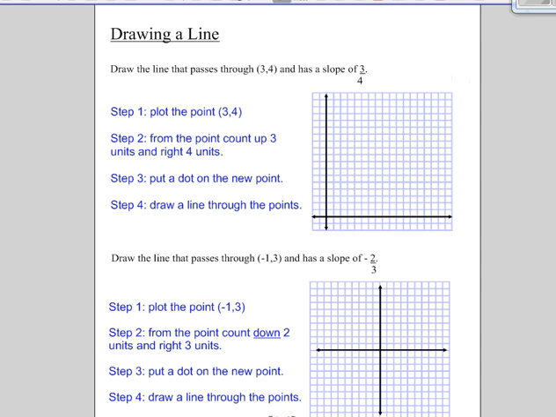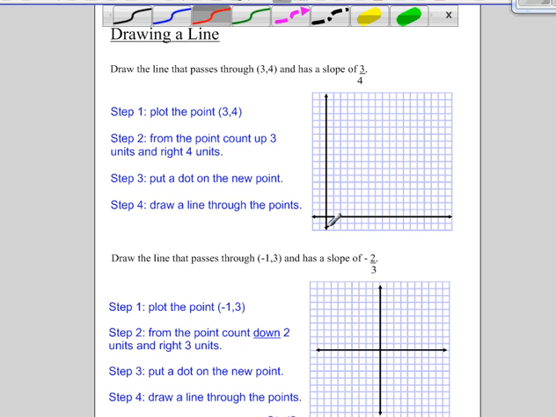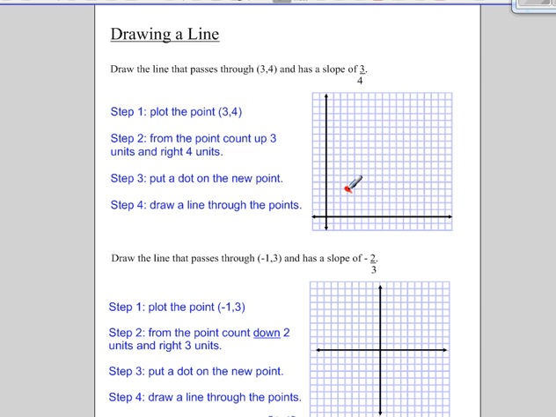Now, this next slide is just something that we can do for graphing. So if you had to graph a slope, what you could do is start with a point. So in this case, it's asking you to start with the point 3, 4. So that means from the origin, I'm going to go over 3, and I'm going to go up 4, and I'm going to put a point at the point 3, 4. Then from that, I know that my slope is 3 over 4.